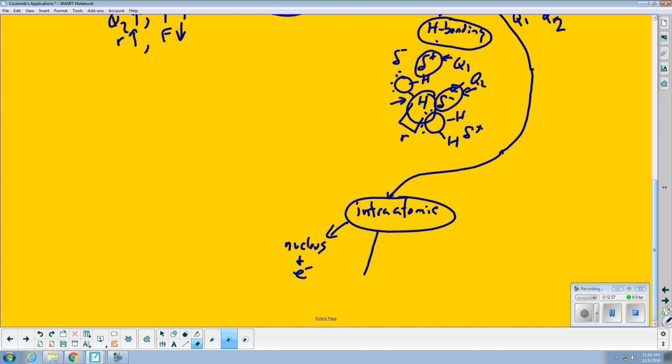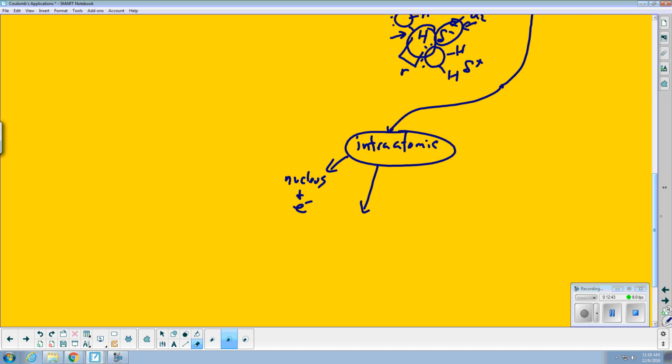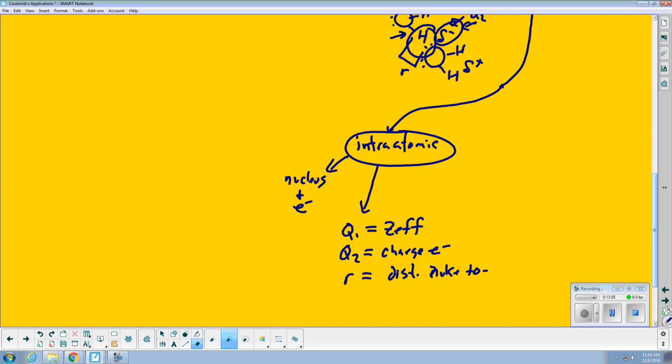So then, how does Coulomb's law manifest itself here? Well, my Q1 is going to be my Z effective, my effective nuclear charge. My Q2 is going to be the charge on my electron. And then my R is going to be the distance from the nucleus to the electron, right?